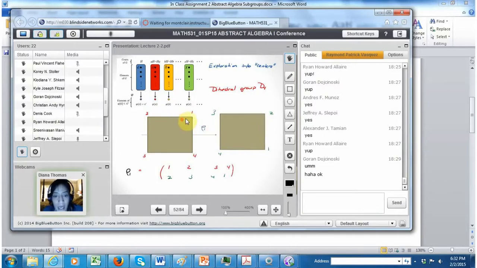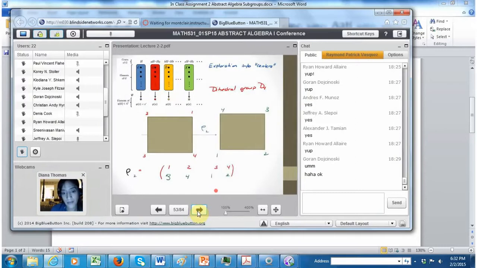If I look at what happened, 1 ended up going to 2, 2 ended up going to 3, 3 ended up going to 4, and 4 ended up going to 1. So 1 goes to 2, 2 goes to 3, 3 goes to 4, 4 goes to 1. So this is not the possible set of all permutations of 4 elements. These are only the ones that I can get from rotations and symmetries from the square.